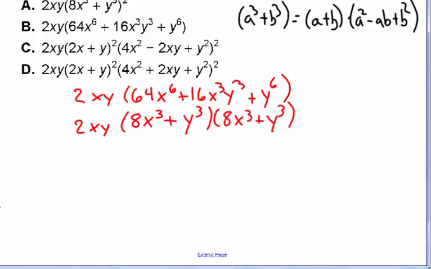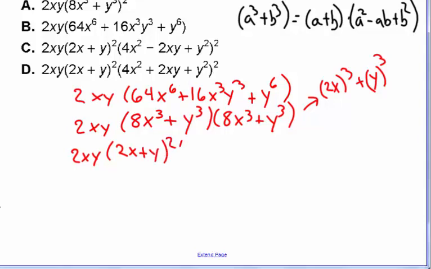So the a value is like 2x and the b value is y. So using that rule, we know we're going to have 2x plus y, and we're going to square it because we got two of them. And then we're going to have 4x squared plus 2xy plus y squared.